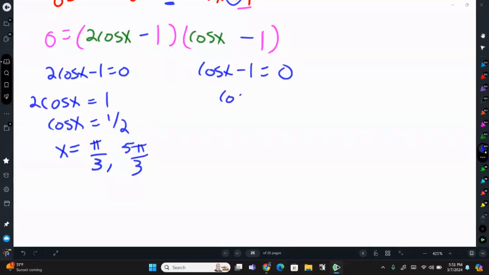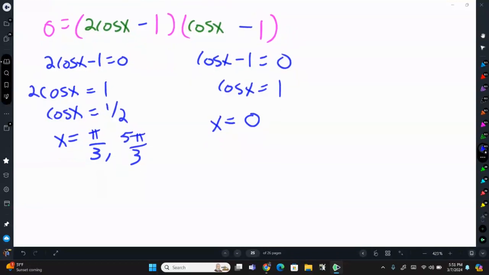And then over here, cosine x is equal to 1. So x is equal to 0. So we have 3 potential solutions.